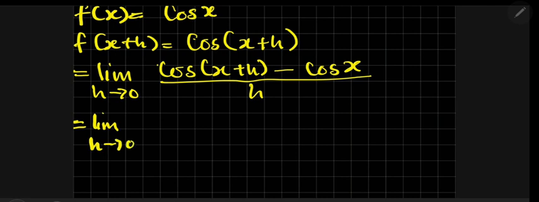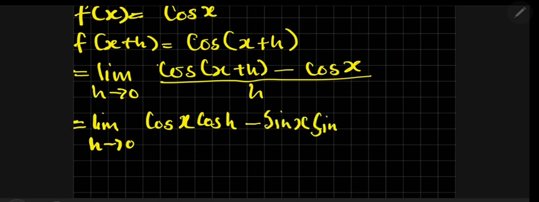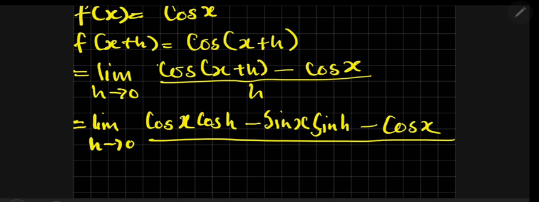This will be the cosine of x multiplied by the cosine of h, minus the sine of x multiplied by the sine of h, minus cosine of x, over h there.